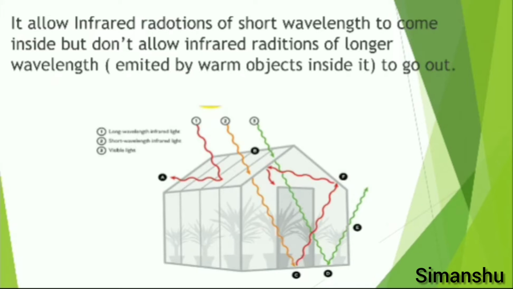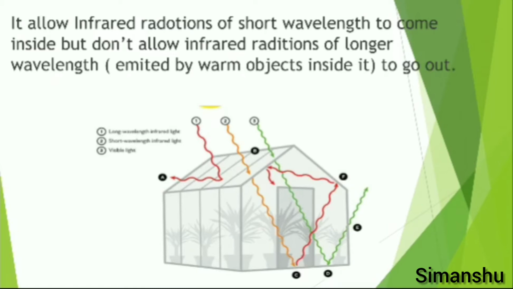The green one you can see is coming out from the greenhouse, but when the orange wave strikes the ground, after reflecting it is shown with a red colored wave, and the red colored wave is long wavelength.